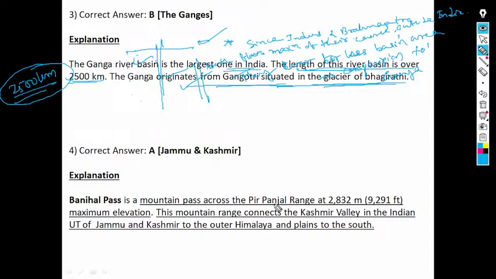Banihal Pass is a mountain pass across the Pir Panjal range at 2832 meters, near about 9291 feet maximum elevation. This mountain pass connects the Kashmir Valley in the Indian UT of Jammu and Kashmir to the outer Himalayas and the plains to the south.